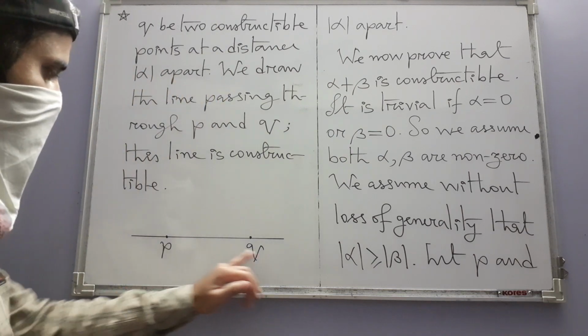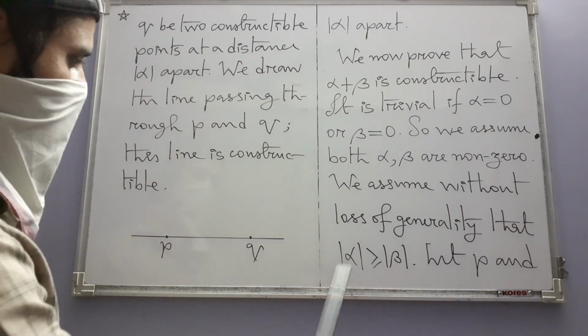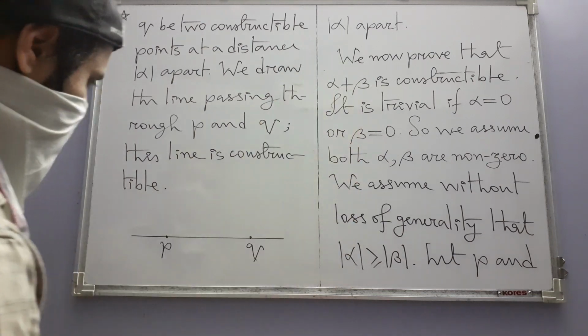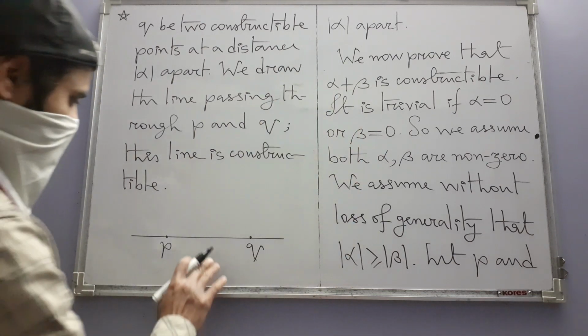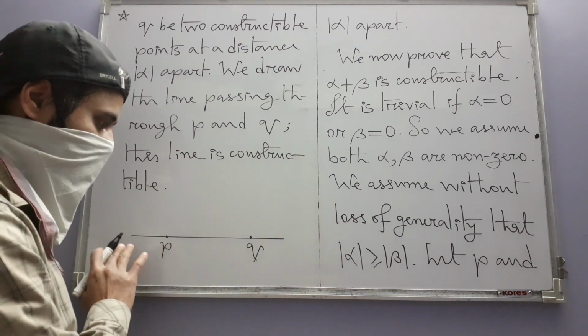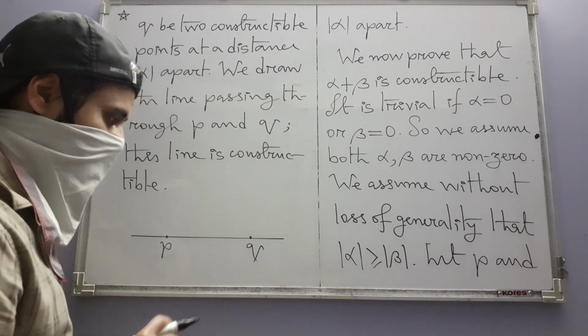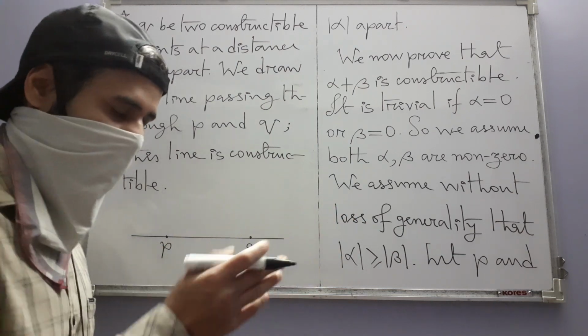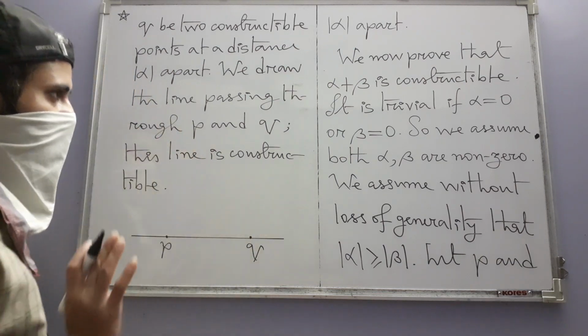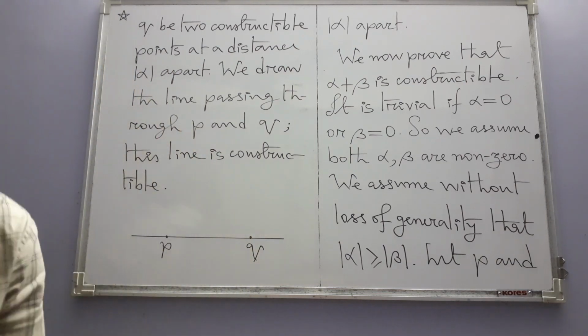However, these are some points P and Q, and the distance between them is this. Okay, and we have drawn the straight line passing through them. So by the definition of constructible lines, this line is constructible. Now what?